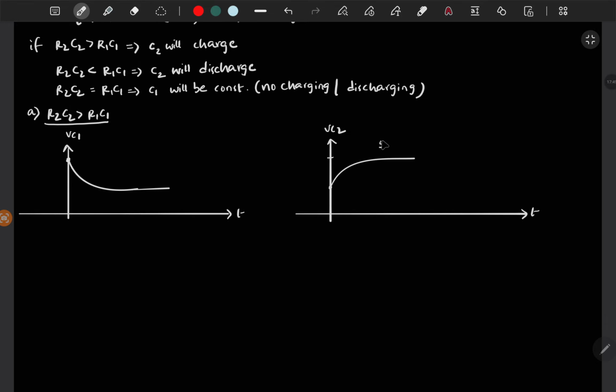The final value here is 5R2 by R1 plus R2, and here the final value is 5R1 by R1 plus R2, and the initial values are 5C2 by C1 plus C2, and 5C1 by C1 plus C2. So this will discharge in 5 time constants. Similarly, this will charge in 5 time constants.